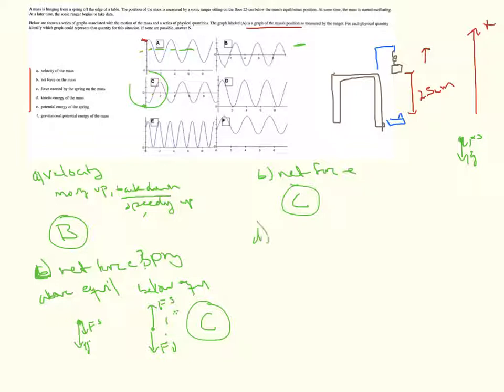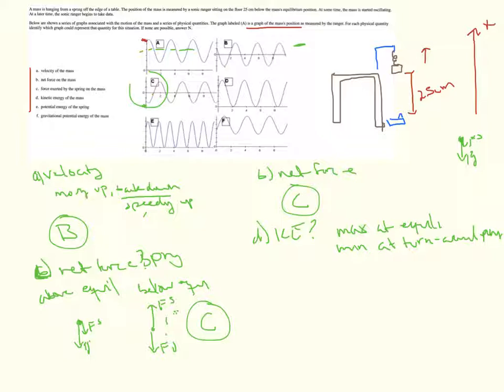All right, so D, the kinetic energy. Okay, so thinking about kinetic energy, it's going to be maximum at equilibrium, and it's going to be minimum at turnaround points. So again, I know that the spring at time equals 0 is almost at its turnaround point.